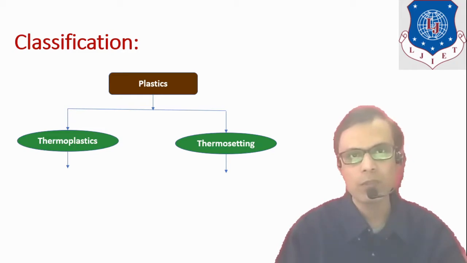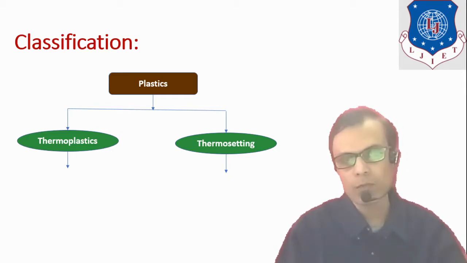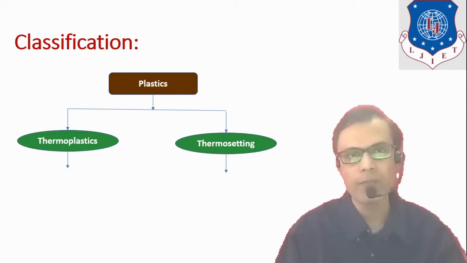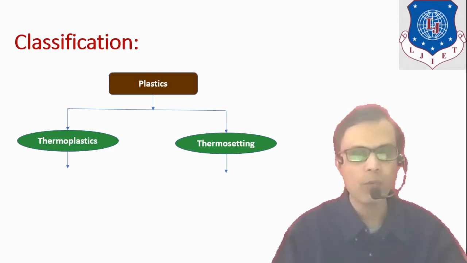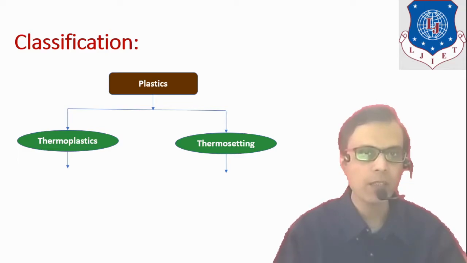Any shape and size can be given to plastic with ease. It is available in different attractive colors. So these are some of the properties that's why plastic is widely used in the industries.